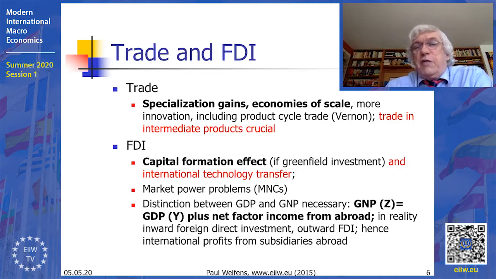Actually, the parent company gets profits from its subsidiaries abroad. And on the other hand, we, for instance, in Germany or in the US or in the Netherlands or in Switzerland, are also a host country for foreign direct investment. And that means we have subsidiaries of foreign multinationals in our country.